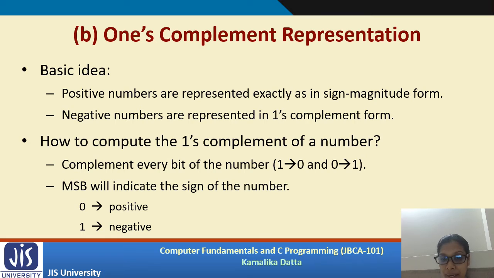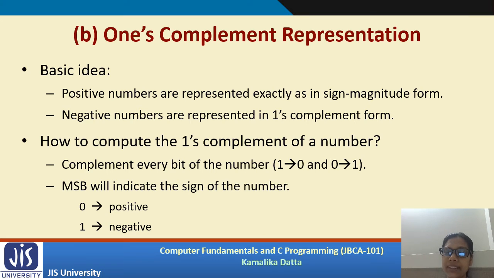For a negative number, if you have to represent minus 1, then what do we do? We have 0001, which is a positive one. The negative numbers are only represented in one's complement form. So to get the one's complement, we complement every bit of the number. 1 is converted to 0 and 0 is converted to 1.